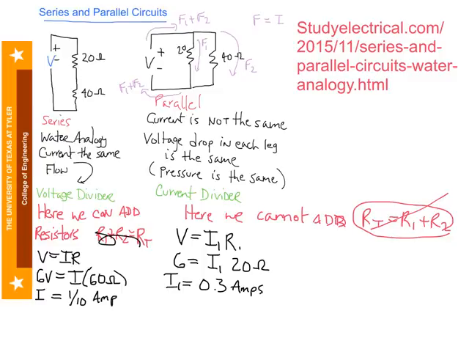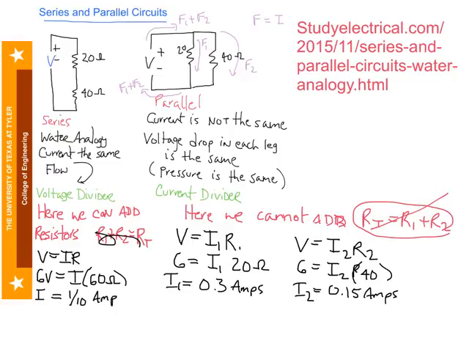And I can do the same in the second part of the circuit. V equals I2 R2, right? If I'm looking around that leg now. And so 6 equals I2 R2, which R2 is 40 ohms, and I can find I2 is equal to 0.15 amps.